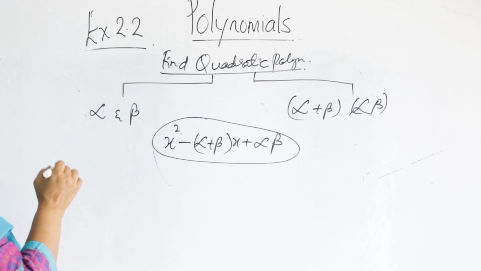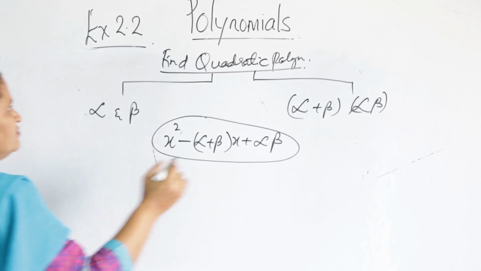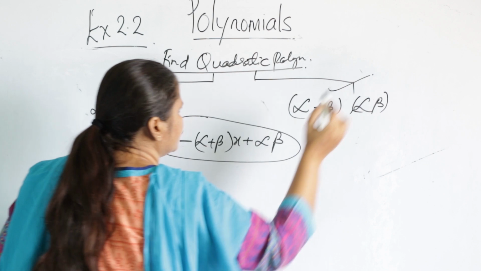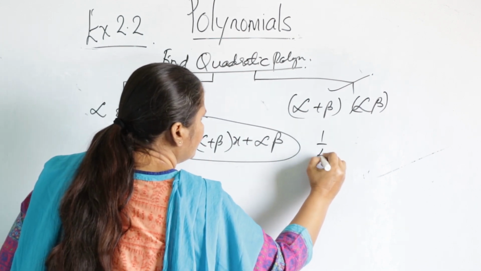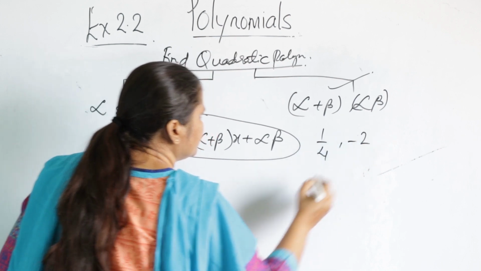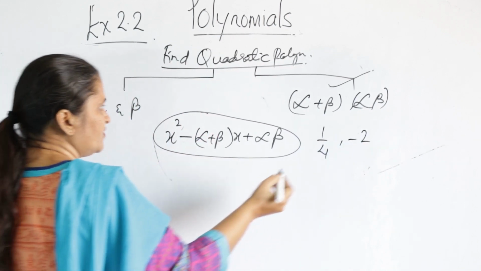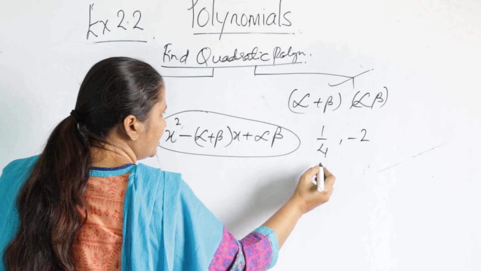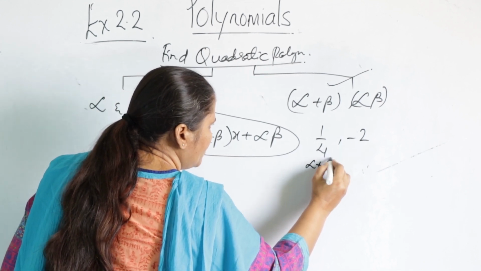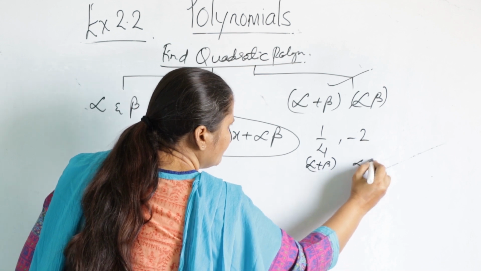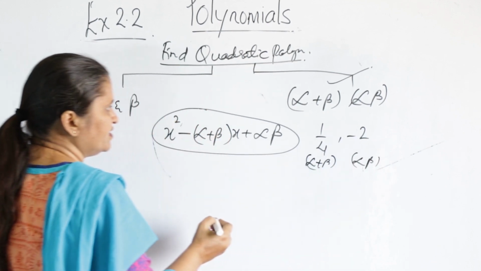So, our second main of 2.2 is of this case, right? For example, if you are given values like 1 by 4 and minus 2, immediately on these values you should write alpha plus beta and alpha times beta, right?